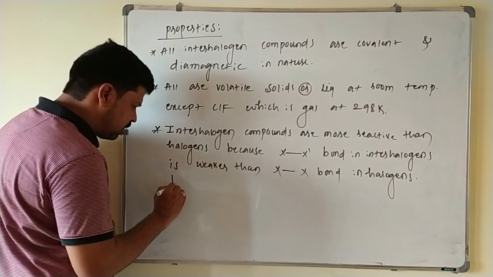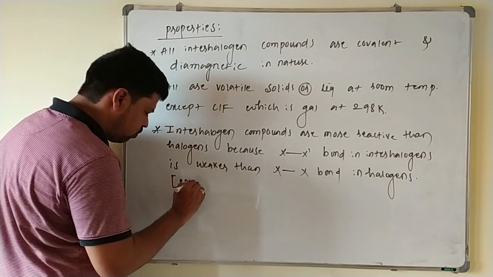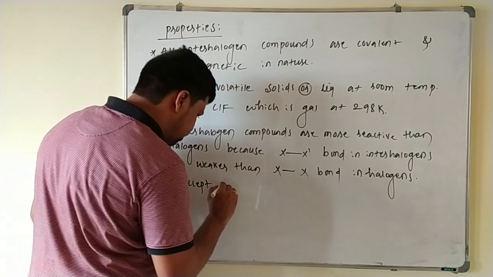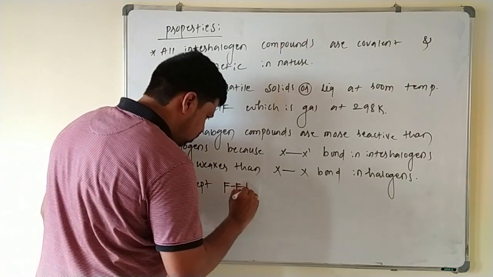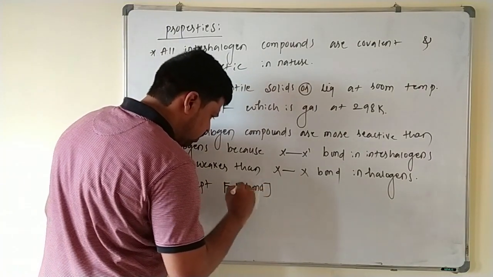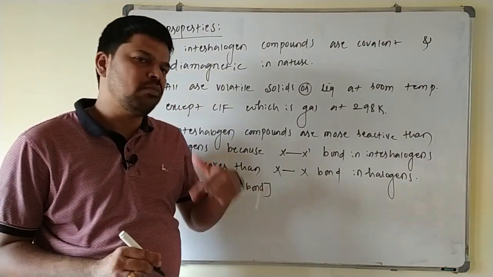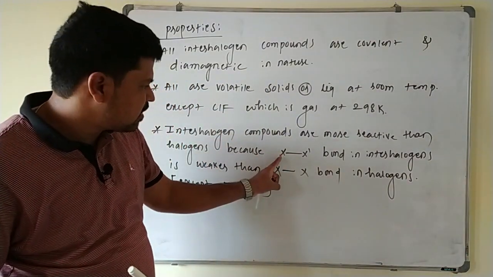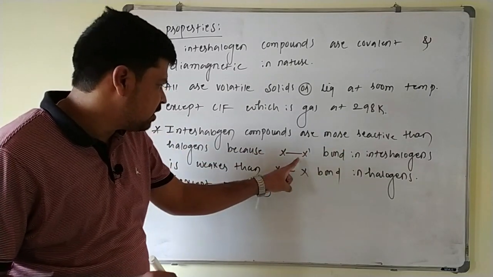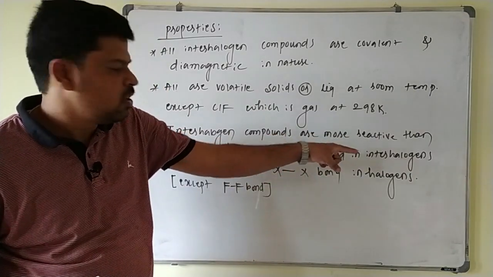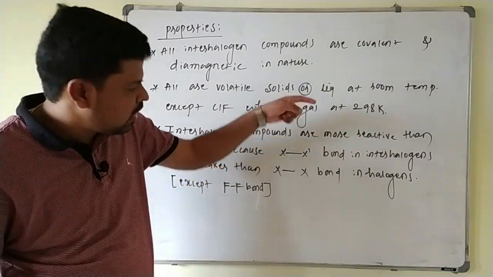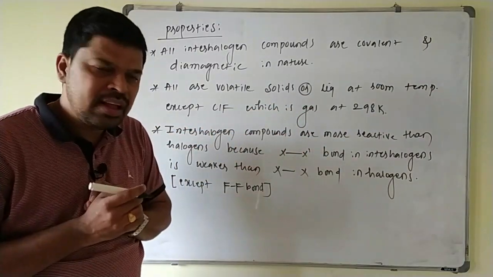But there is one exception for this, the F-F bond. So the point is always interhalogen compounds are more reactive than halogens because the X-X' bond in the interhalogen is weaker than the X-X bond in the halogen. A weaker bond can be easily broken, so they are more reactive as compared to the halogens.